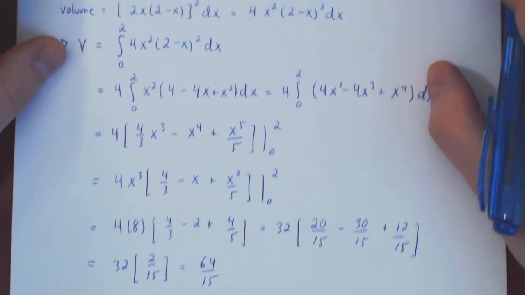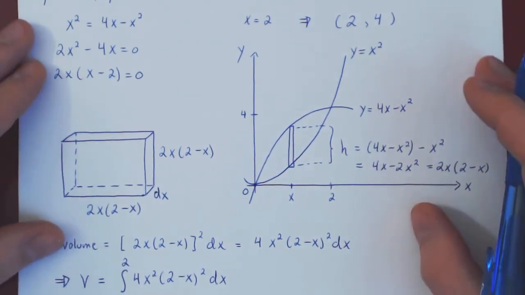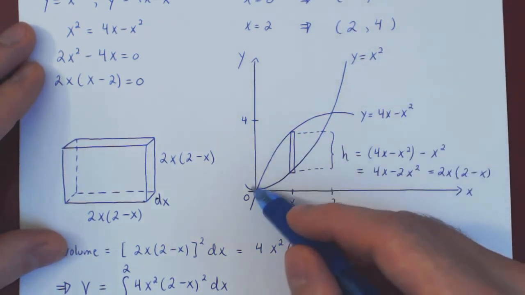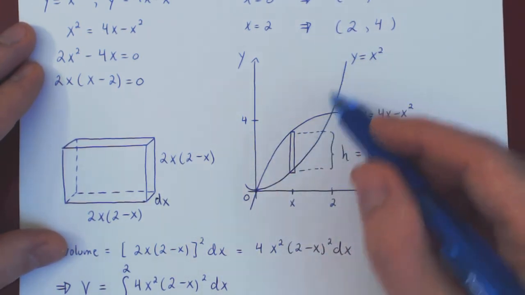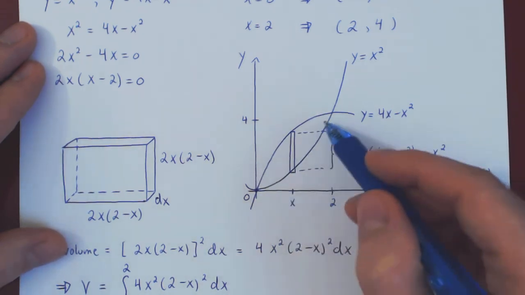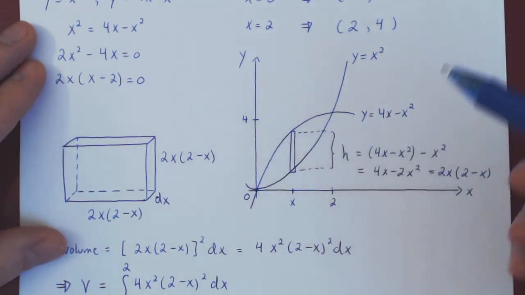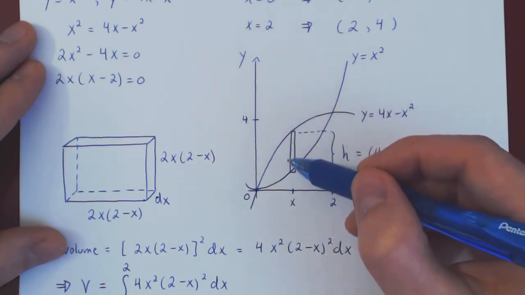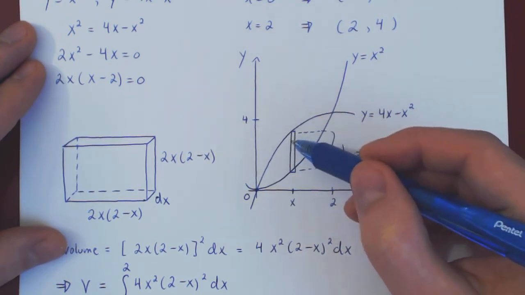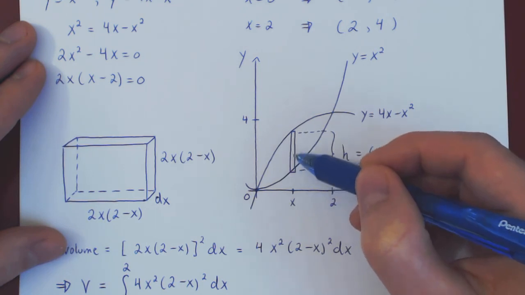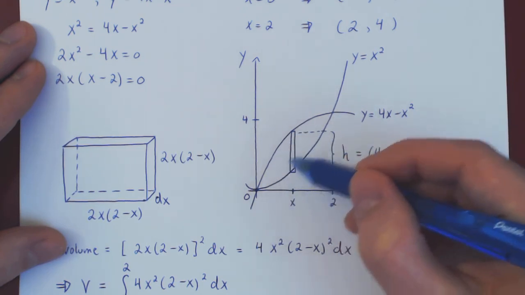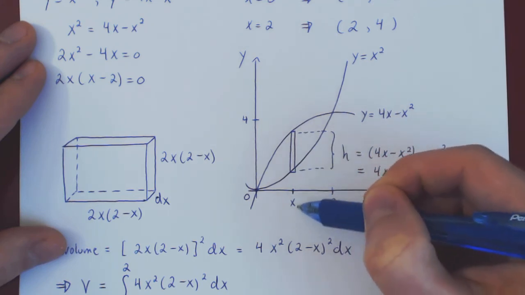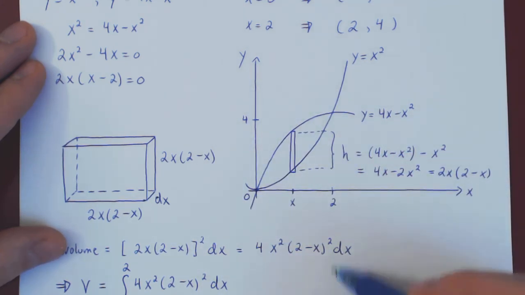And that's it. So if you go back to the problem, these two curves bounded a region in the xy plane. We thought of the region as being the base of our solid, and onto this base we erected infinitesimal squares that were perpendicular to the base of our solid, the region in the xy plane, and also perpendicular to the x-axis.